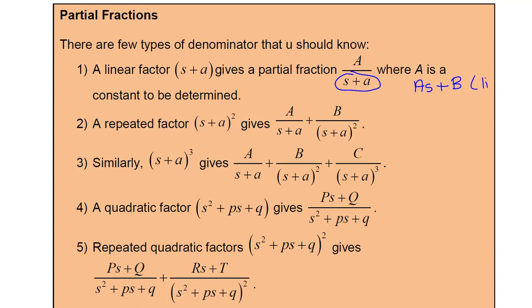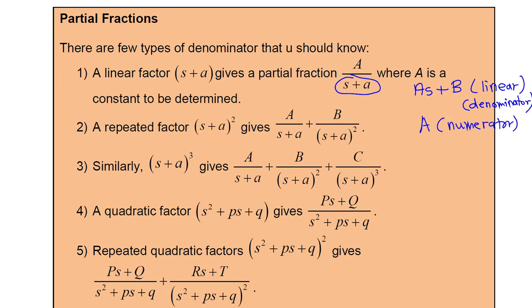If the denominator is linear, the numerator becomes constant. So this is the denominator, and for the numerator you just write a constant.